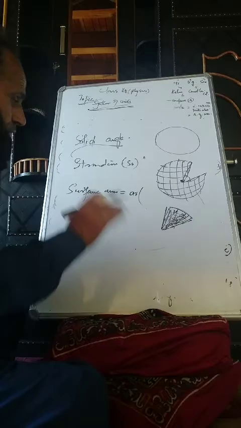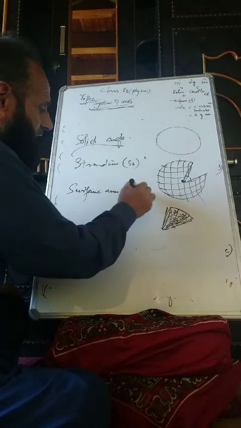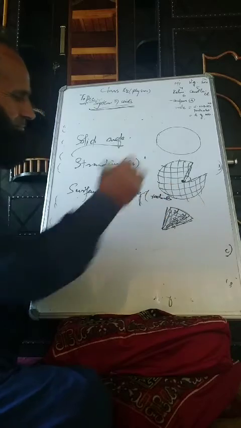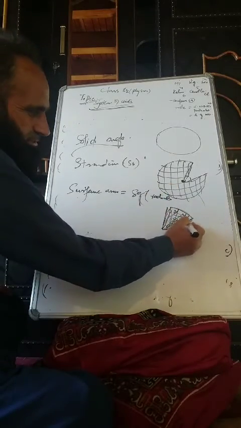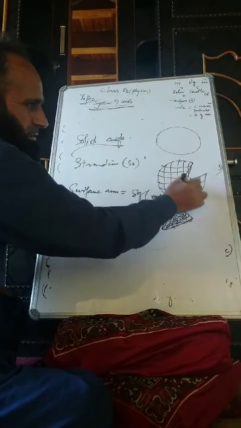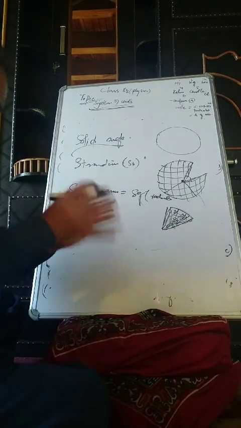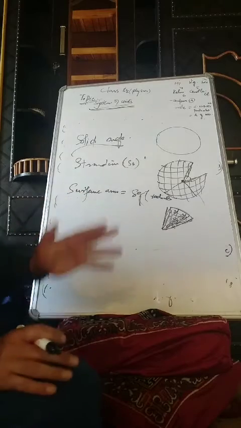Whose surface area is equal to the square of the radius. Square of the radius of the sphere. This is radius, this is also radius. The surface area must be equal to the square of the radius.